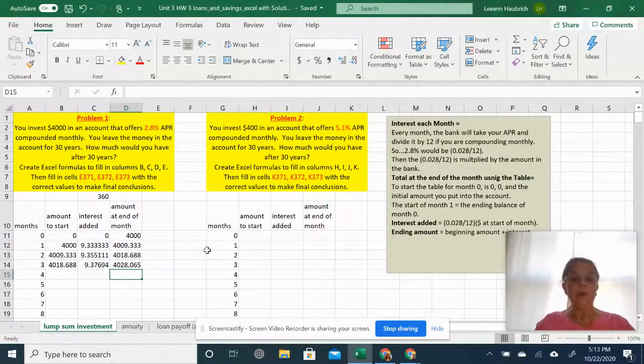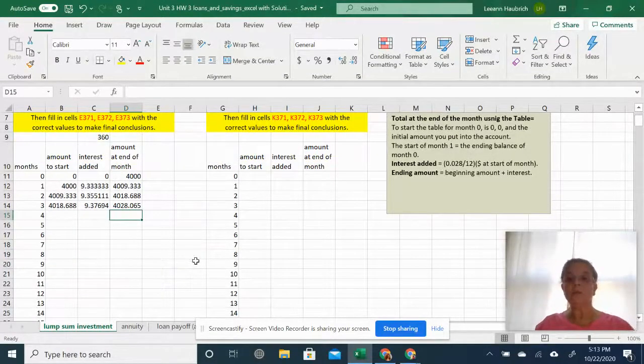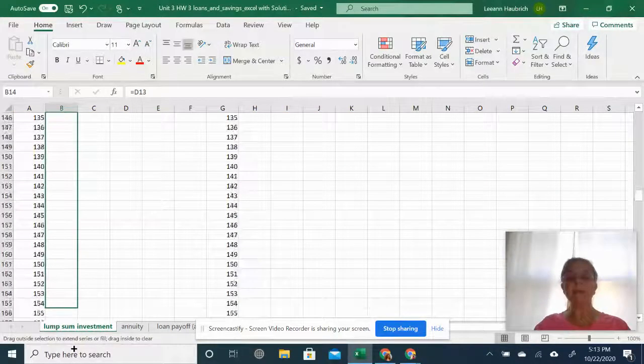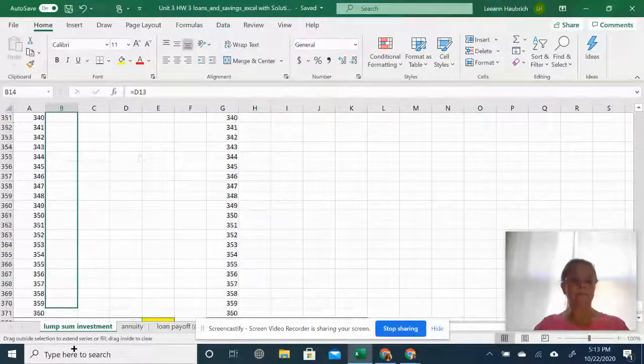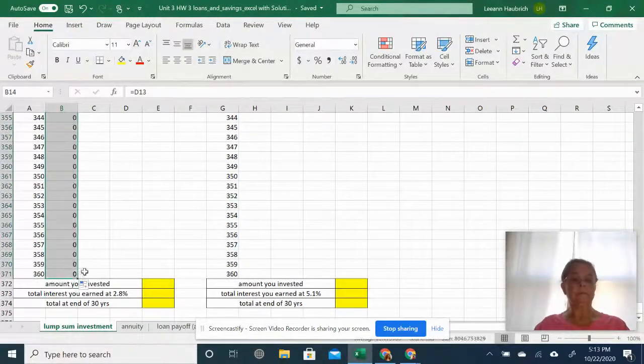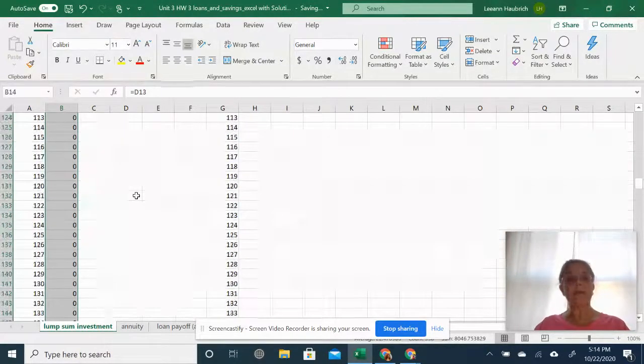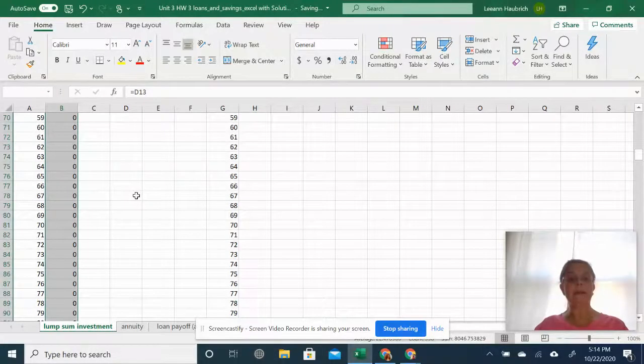And then you can tell Excel to bring this down. It will recognize the pattern. So I go to this little bottom right-hand corner, the cursor will change and go all the way down to the bottom of the 360 months. And the reason why we're getting all these zeros is that it's showing 0 currently at the end of the previous month.